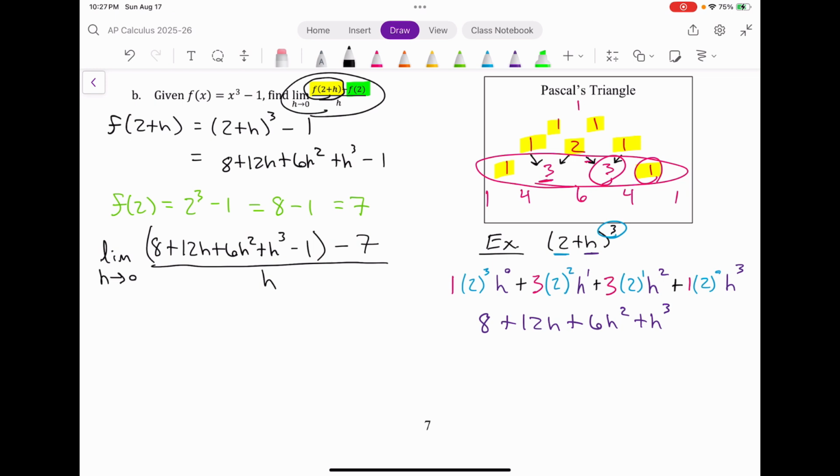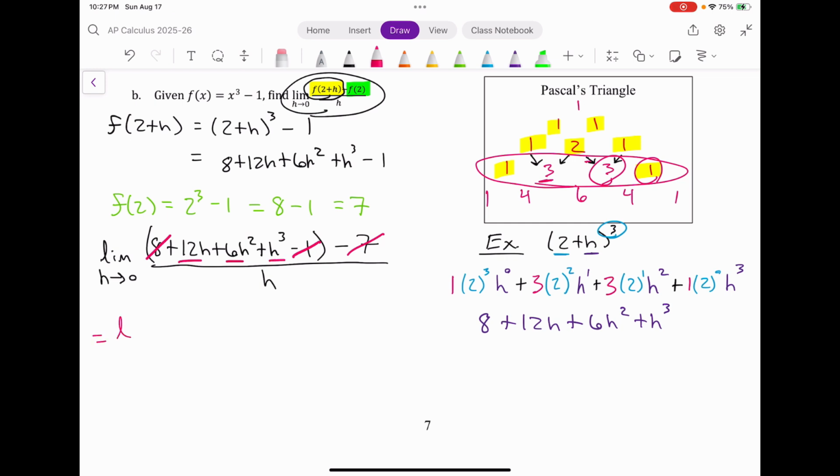So let's combine what we can in the numerator. We'll notice that 8 minus 1 is 7. Minus 7 will just 0 out. And then we're left with these 3 terms, and they all have an h involved.